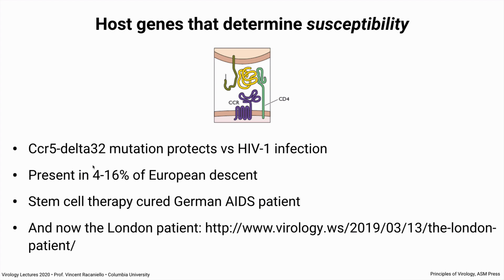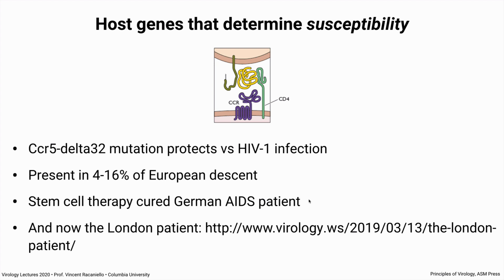This mutation has been used multiple times now to cure individuals of AIDS, of HIV-1 infection. The first, a number of years ago, was called the German AIDS patient, and you can find out exactly who it is by Googling this because it's all public. This individual had not only a leukemia, but had AIDS, and he was going to receive a stem cell transplant to cure the leukemia.